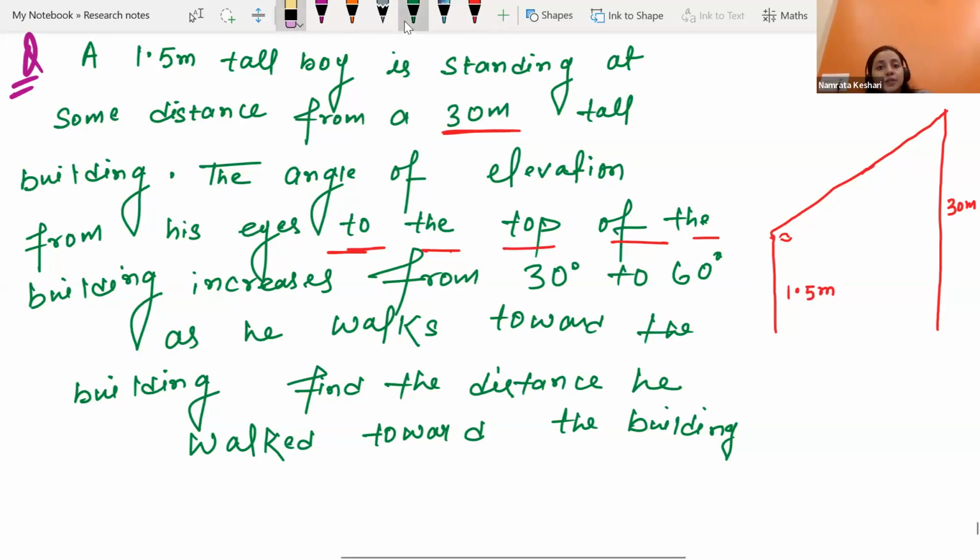Through the eye, the eye level. This is the horizontal line, and this is the angle of elevation. The angle of elevation from his eyes to the top of the building increases from 30° to 60° as he walks toward the building.